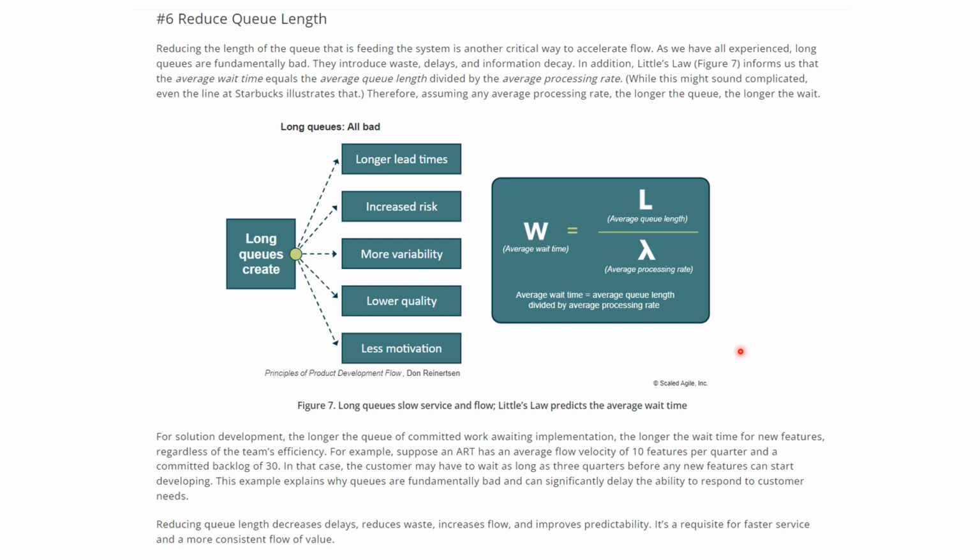In that case, a customer may have to wait as long as 3 quarters before any new feature can start development. So this example explains why queues are fundamentally bad and can significantly delay the ability to respond to customer needs. Reducing the queue length decreases delays, reduces waste, increases flow, and improves predictability. So it is a requisite for faster service and a more consistent flow of value.